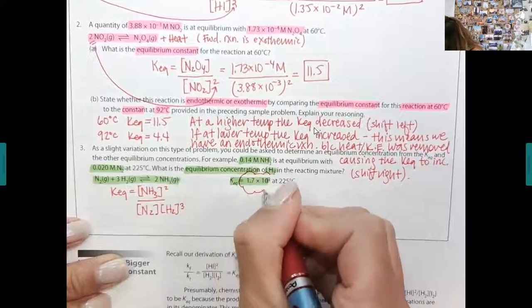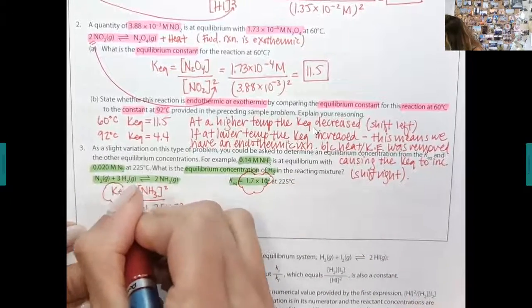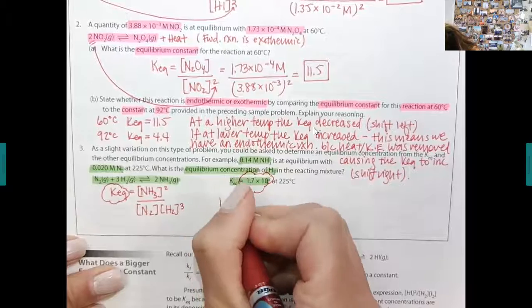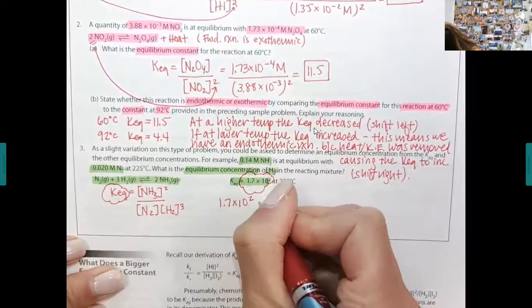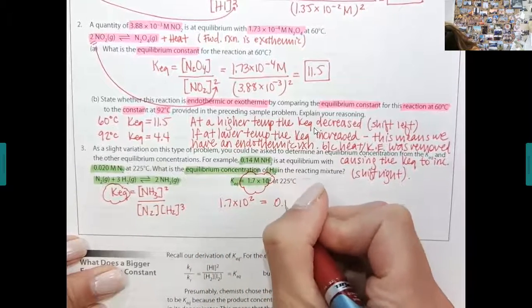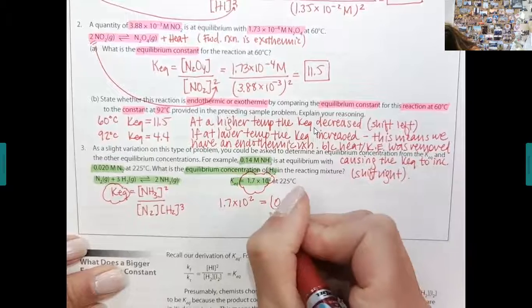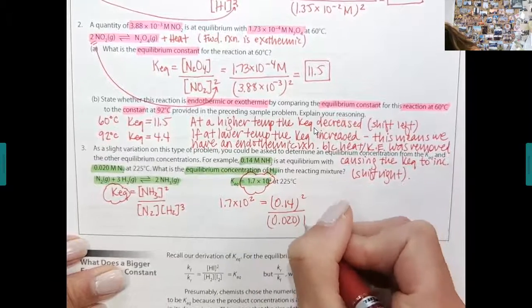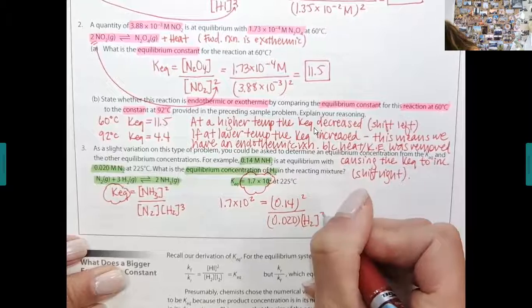This value here is gonna get substituted in for KEQ, right? So this is 1.7 times 10 to the second equals 0.14 squared over 0.020 times H2 cubed, and then we're going to solve for H2.